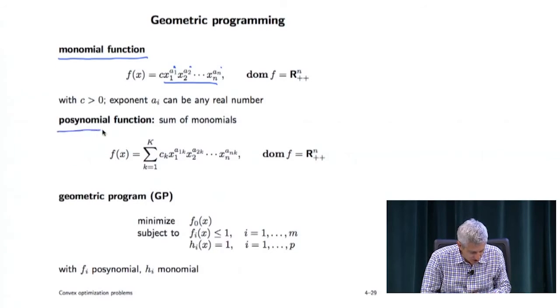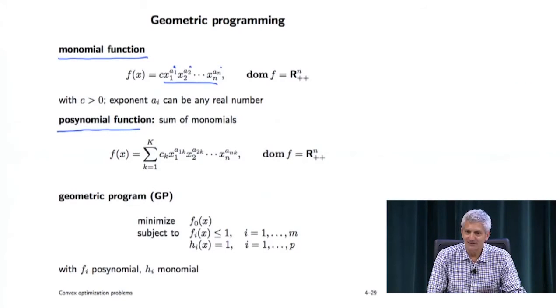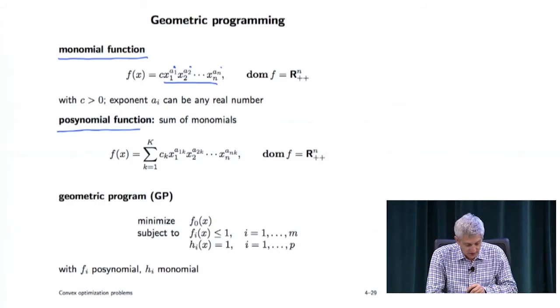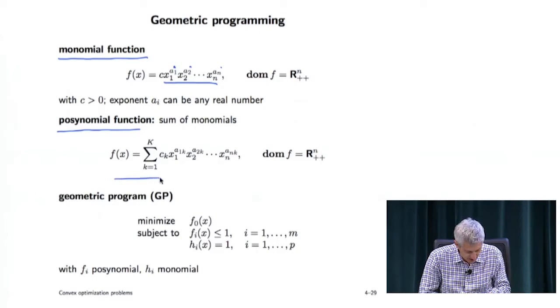Now, a posynomial is, I mean, in addition to being very, very awkward nomenclature, it's supposed to be, I think, a combination of polynomial and positive. So anyway, who knows why this term was coined? This was coined in the early 60s. And it's simply a sum of monomials. So it has a form that looks like that.